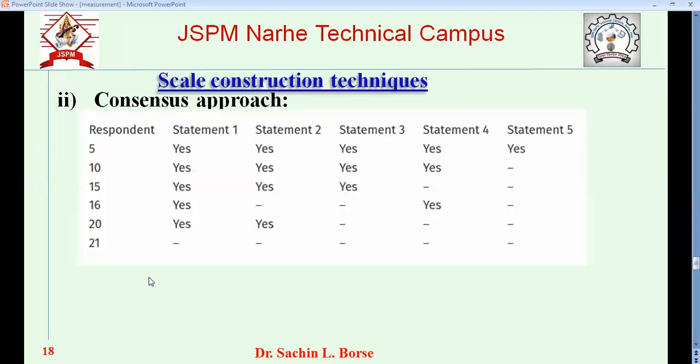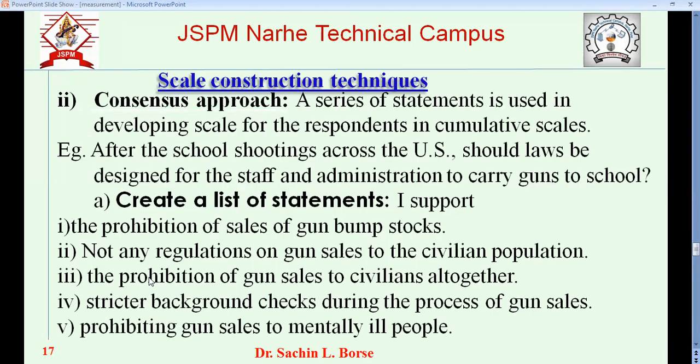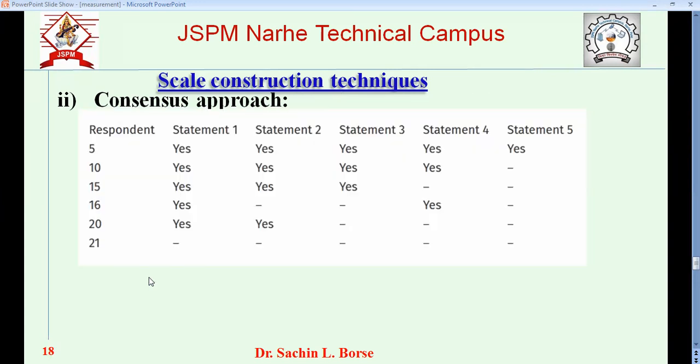Then you see respondent 10, he says the first four statements are correct. But the fifth statement, what is the fifth statement? Prohibiting gun sales to mentally ill persons. So he is not accepting this. Now go to respondent 15. He says yes to statements 1, 2, 3.